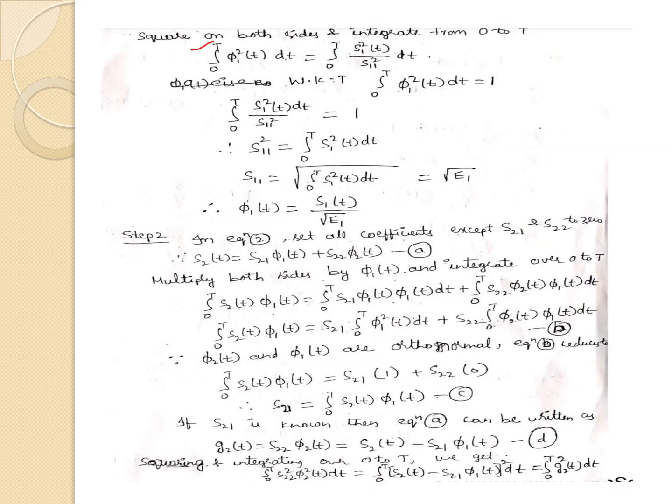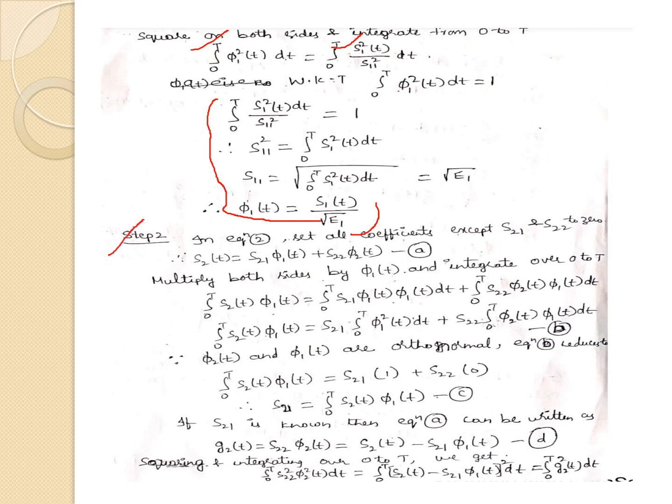On squaring both sides and integrating, we get phi 1 of t is equal to S1 of t by root E1.